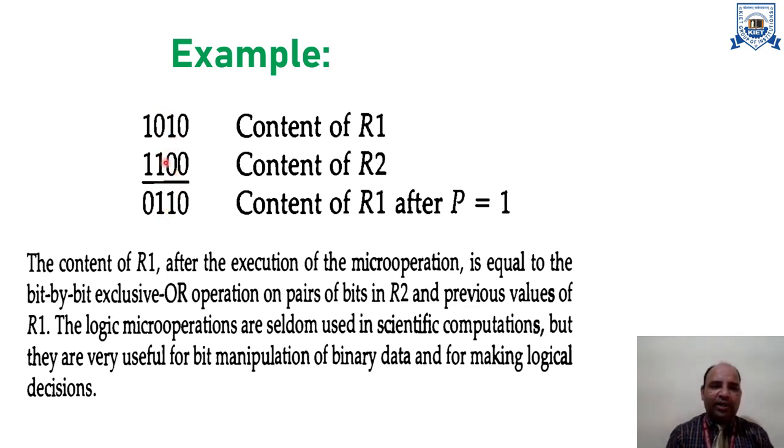Finally, the content of register R1 after this operation is 0110; the earlier content 1010 is no longer in register R1 and has been replaced with 0110. But one point you have to emphasize here is that the content of register R2 does not change in this statement.